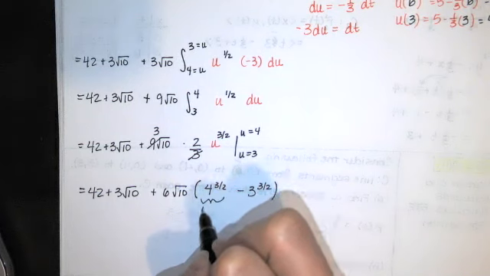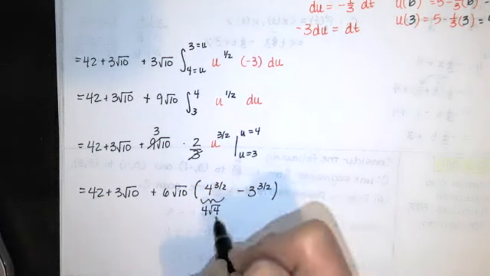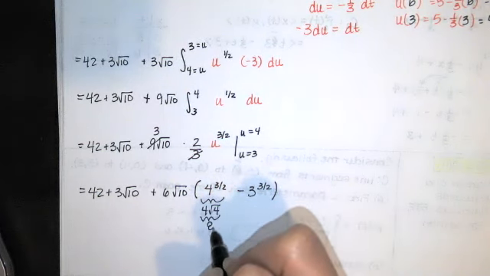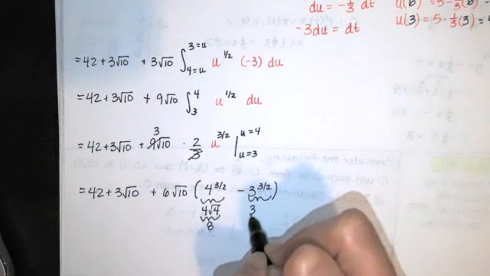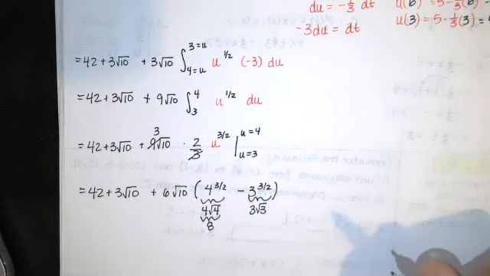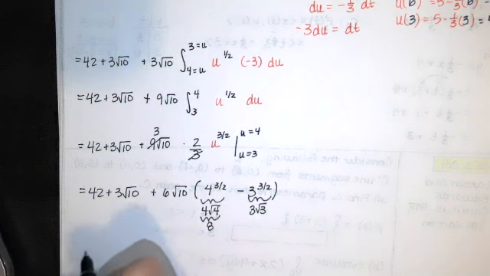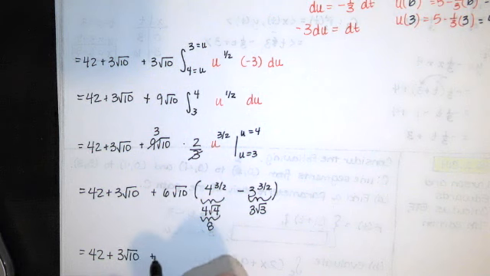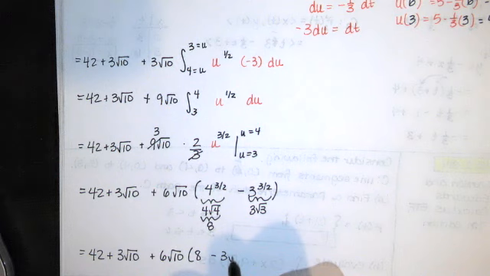Well, this is the same as 4 times the square root of 4. The square root of 4 is 2, so that's 8. This is the same as 3 times the square root of 3, which doesn't simplify much. So we've got 42 plus 3 times the square root of 10 plus 6 root 10 times 8 minus 3 root 3.